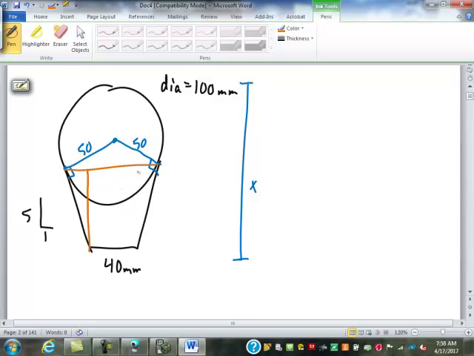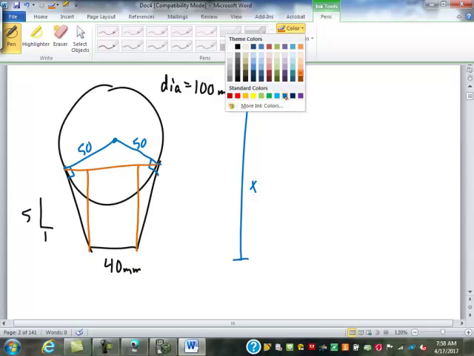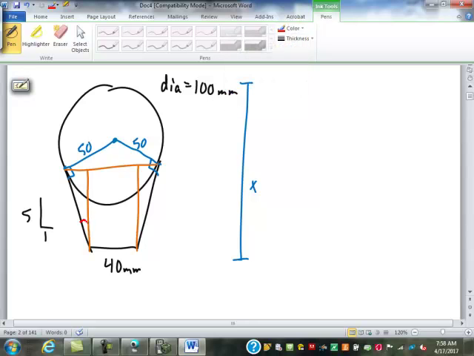I can cut this and this like this. From that, I can find some angles. Those two angles should be the same, and they'll come from this 1 in 5 aspect ratio here. If I flip it around like that, I can make a right triangle out of it. So this angle right here, which will be the same as this one, is going to be the inverse tangent of 1 over 5.